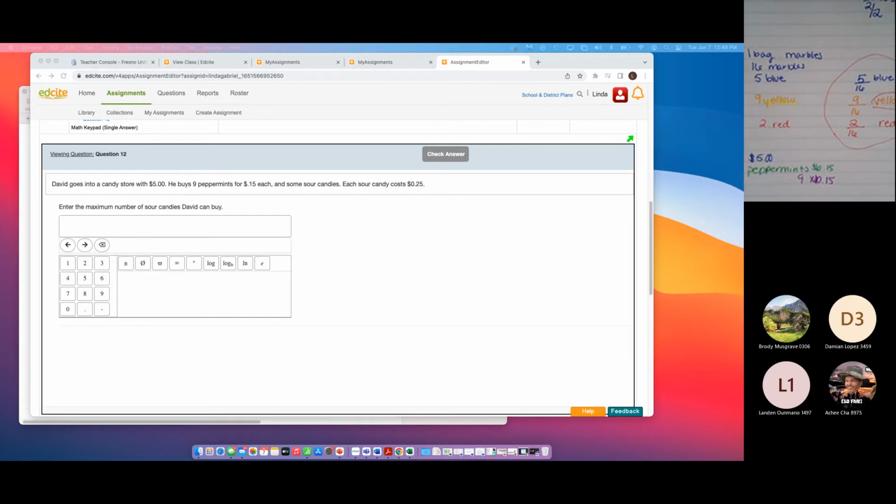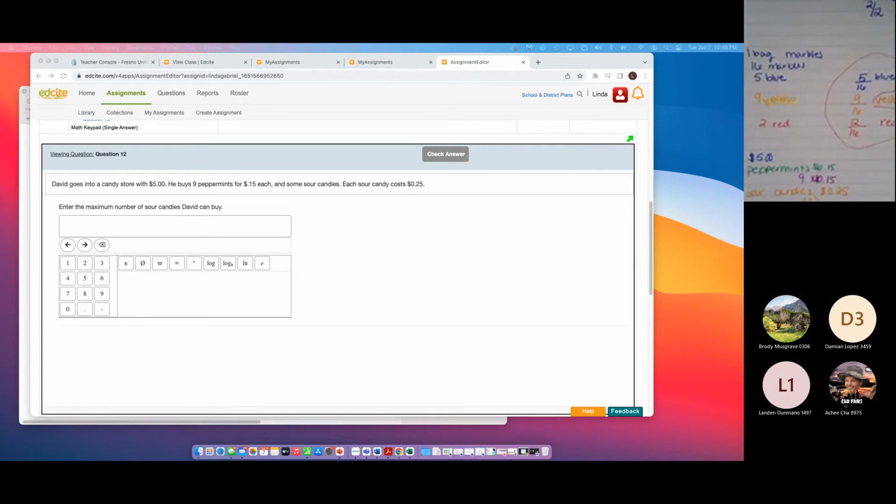All right. The sour candies are 25 cents, but we don't know how many he bought. Let's set this up as an equation. We know that he has $5 to spend. So if he can spend $5, he is going to purchase 9 peppermints at 15 cents each, which mathematically will look like 9 times 0.15.